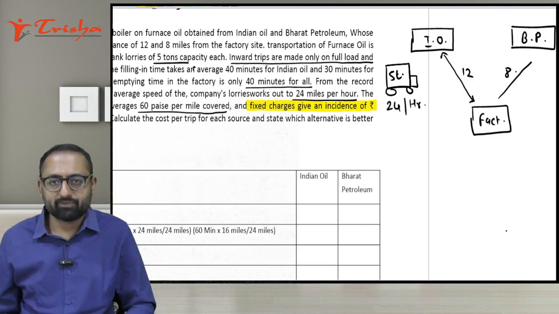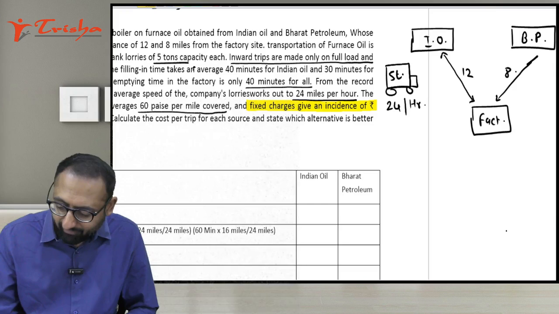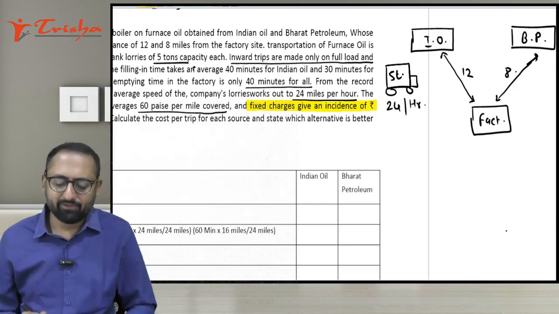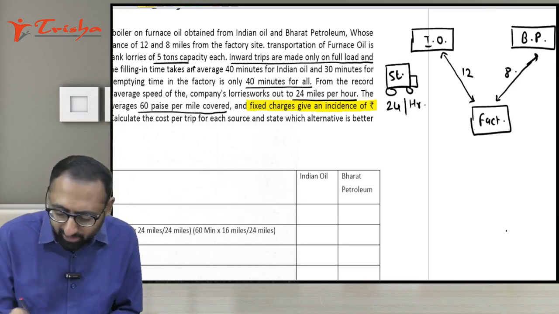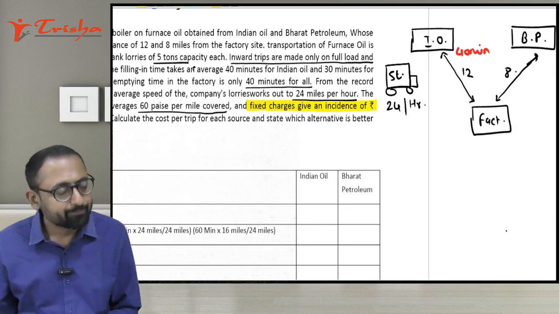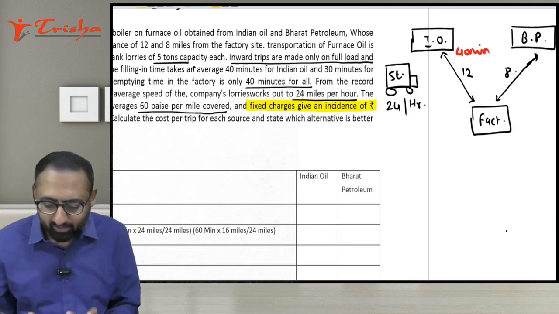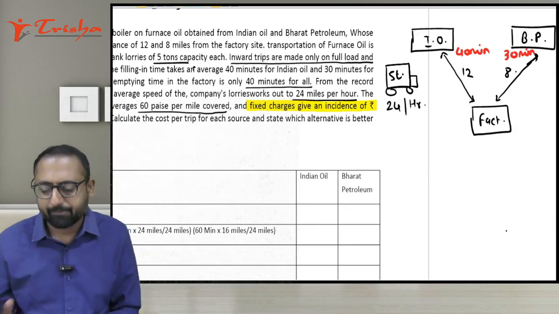Next, the filling-in time they have given. At the Indian Oil depot, 40 minutes will be required to fill that lorry, but at Bharat Petroleum, only 30 minutes will be required.